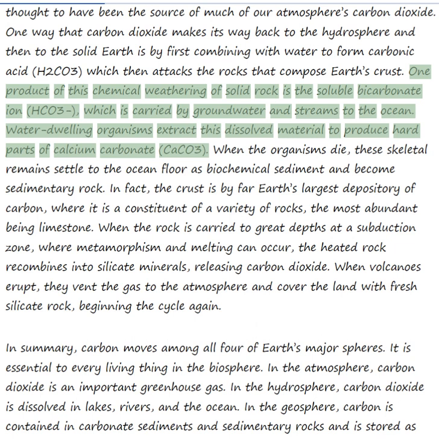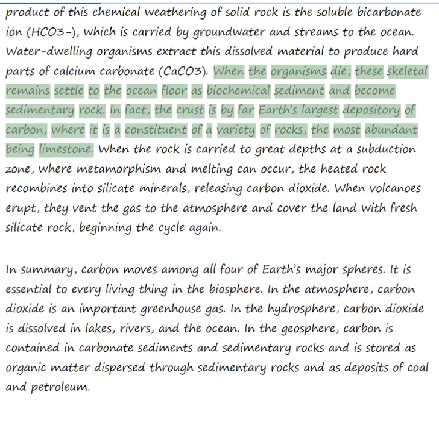One product of this chemical weathering of solid rock is the soluble bicarbonate ion, which is carried by groundwater and streams to the ocean. Water-dwelling organisms extract this dissolved material to produce hard parts of calcium carbonate. When the organisms die, these skeletal remains settle to the ocean floor as biochemical sediment and become sedimentary rock.